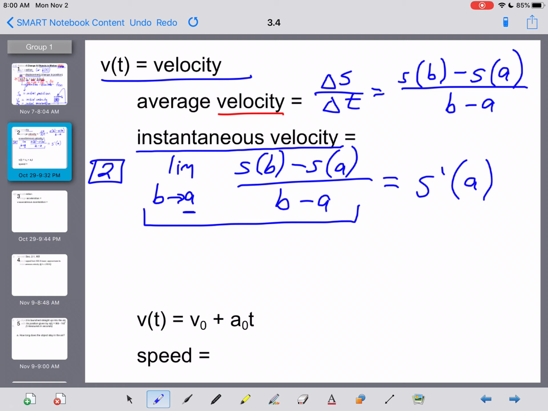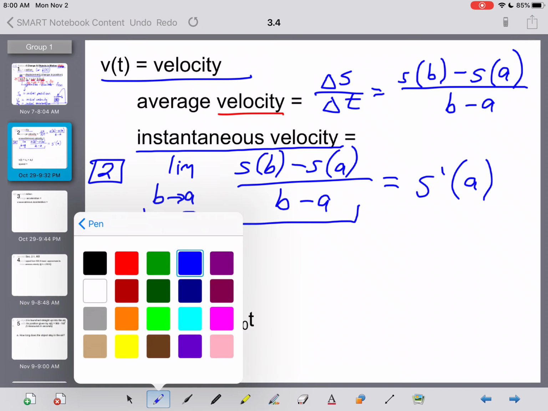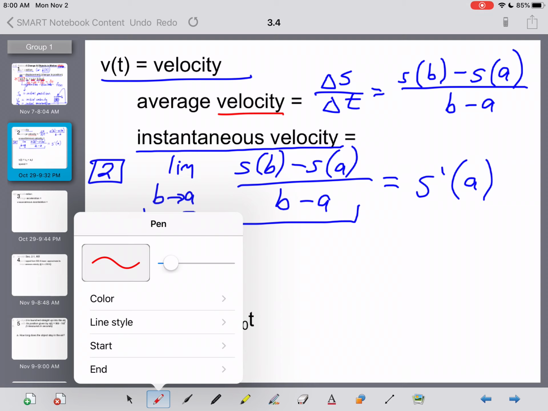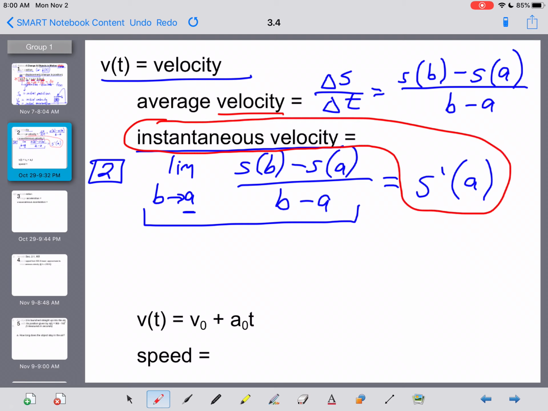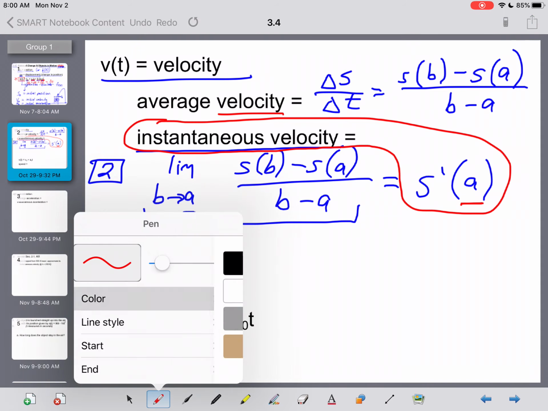I just want to focus on two parts of this definition, and then we'll say the big thing that we needed to say. Instantaneous velocity is equal to s prime of a. S prime is the derivative of your position function evaluated at a particular value of time.